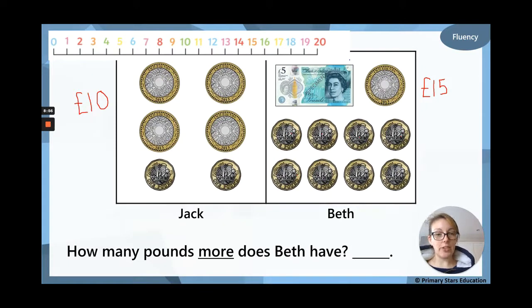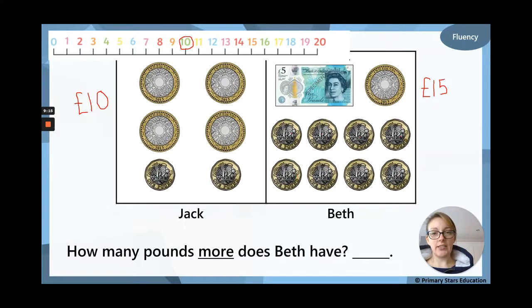So this time I'm going to use my number line. So Jack has £10, so I'm going to find 10 on my number line. There it is. And Beth has 15, so I need to count on and see how much more she has. So how many more do I need to jump to get to 15?